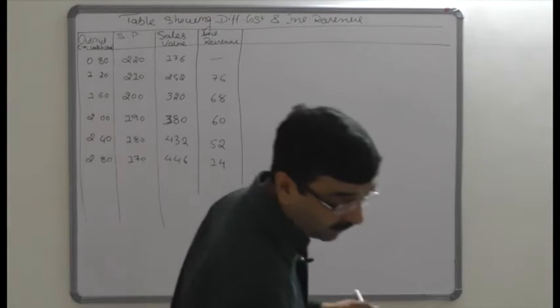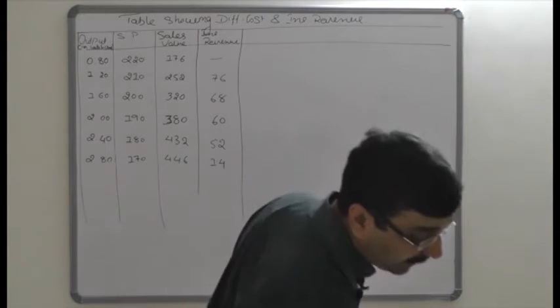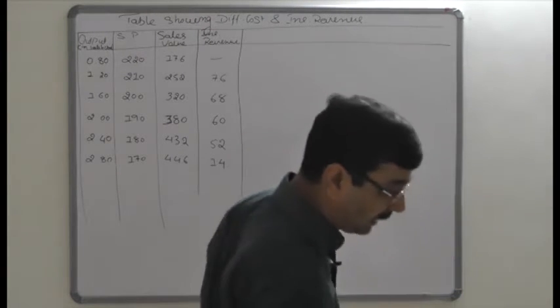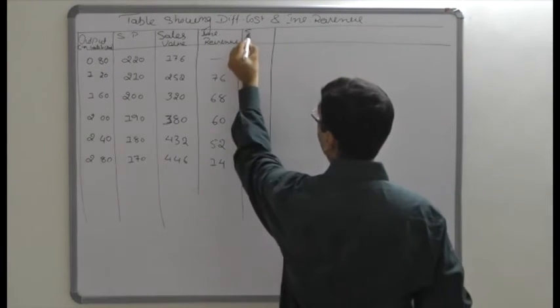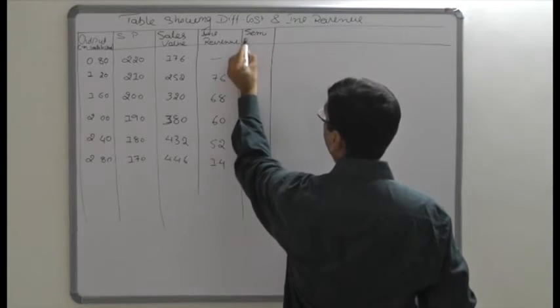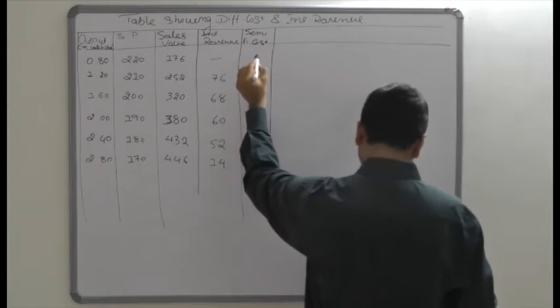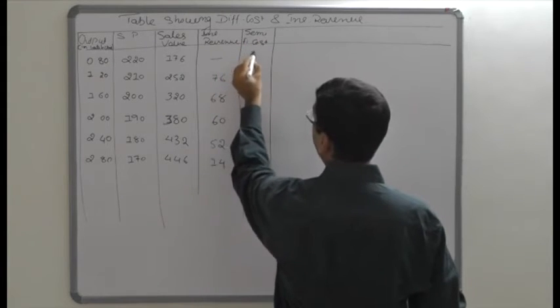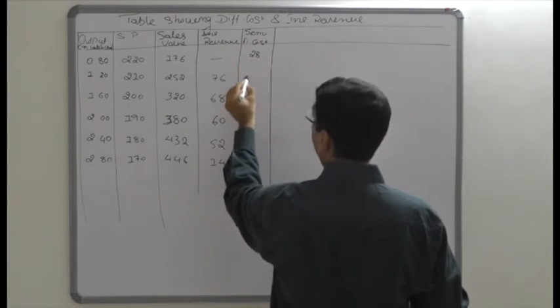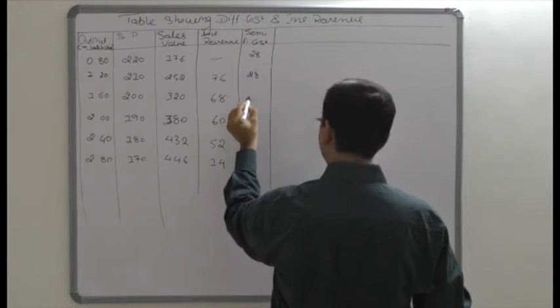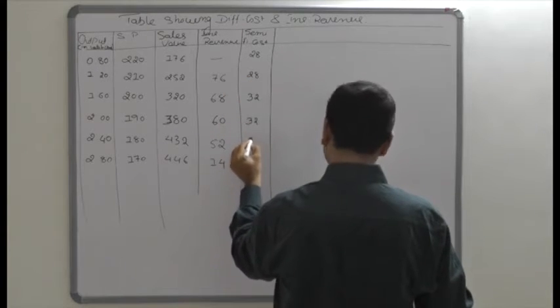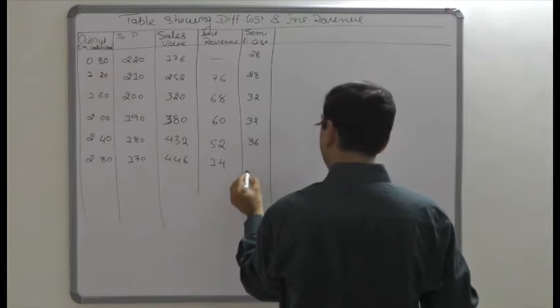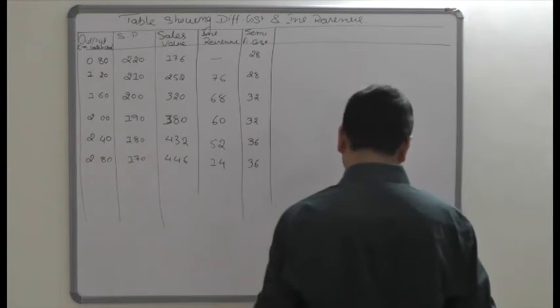Now after you find out the incremental revenue, we have the next item, that is semi-fixed cost. And these items are already given in the question. The semi-fixed cost is given as 28 for the first output, 28 for the second output, then 32 for the third, 32 for the next, 36 for the next, and the last is also 36.